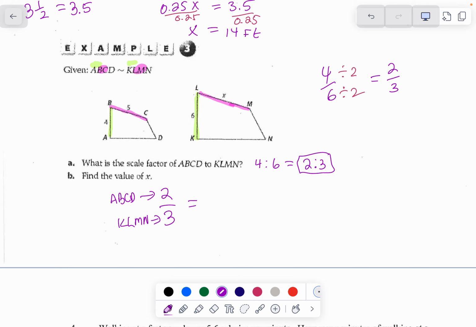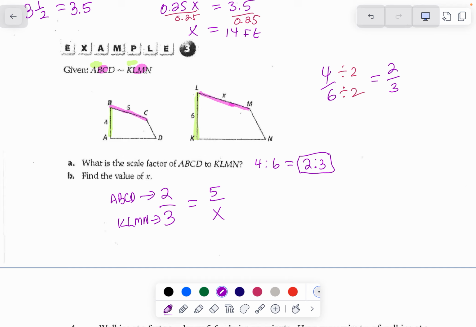That would be 5 over x. Okay, so let me show you again. We went from little to big to use the 4/6 or 2/3. If you use 4 over 6, it's going to work. And then you go 5 over x, little to big, little to big. It's about consistency. If you set it up little to big, you have to go little to big on both sides, or that's where you could fall off the rails.